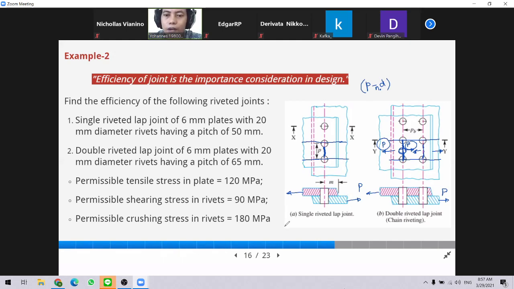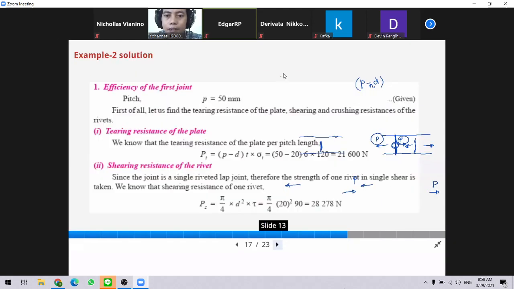So that's why the formula is still the same, even though we use another column of rivets. Can you understand this? Is it clear enough? Yes, sir. Okay, next. Thank you.